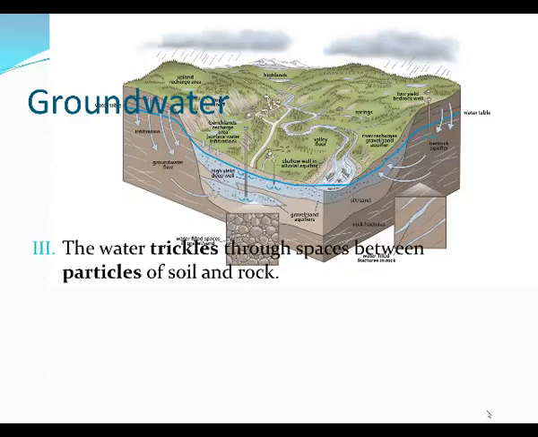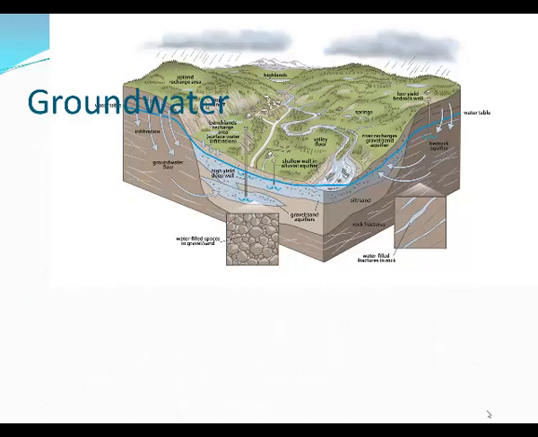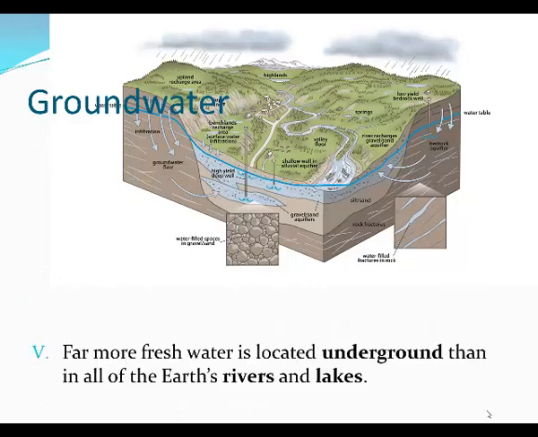The water trickles through spaces between particles of soil and rock, and it eventually fills the empty spaces around the rock, and that leaves this groundwater stored within the rock. Far more fresh water is located underground than in all of Earth's lakes and rivers.